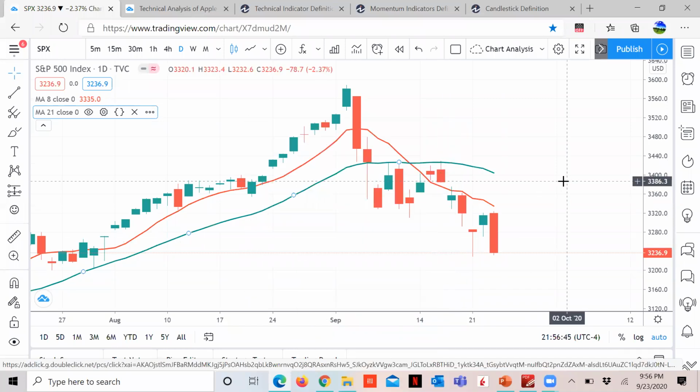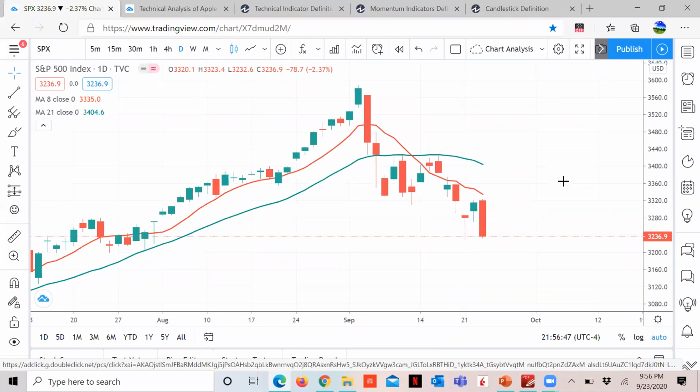All right. So when the fast moving average goes above this, that's a buy signal, which you can see with these green candles. And when it dips, that's the bearish trend, a sell signal. It's a simple strategy, 8 versus 21.